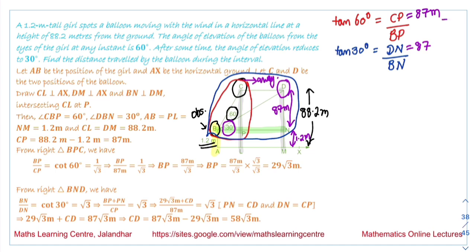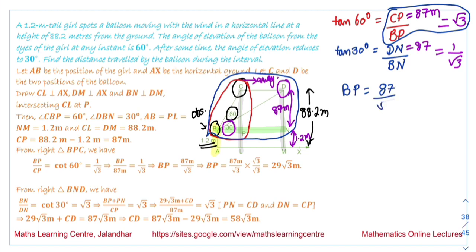The value of tan 60, it is root 3. The value of tan 30, it is 1 by root 3. So from the first equation, we get the value of BP, that is equal to 87 by root 3.